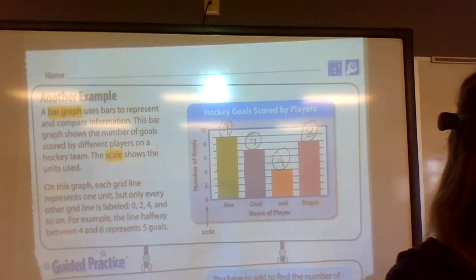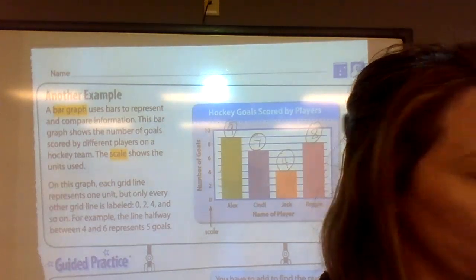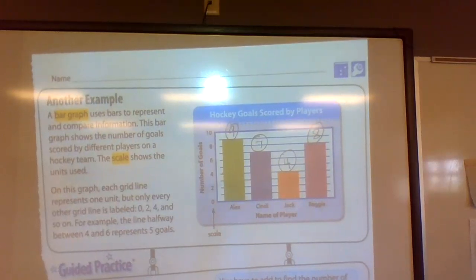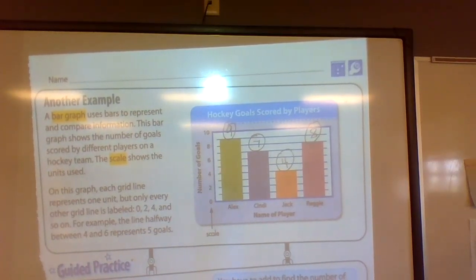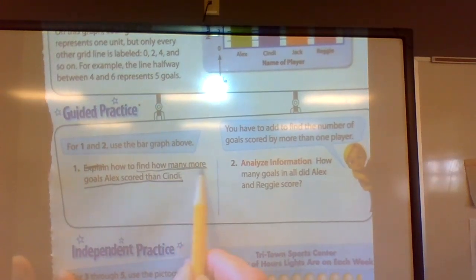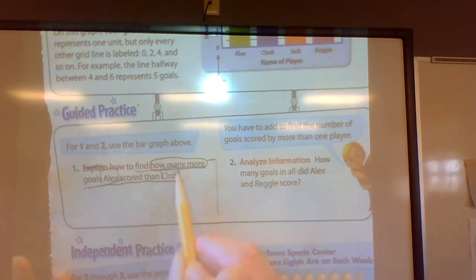So on number 1, it says explain how to find how many more goals Alex scored than Cindy. I'm not going to have you explain, but how many more is a clue word for subtraction. And so we want to know Alex and Cindy.